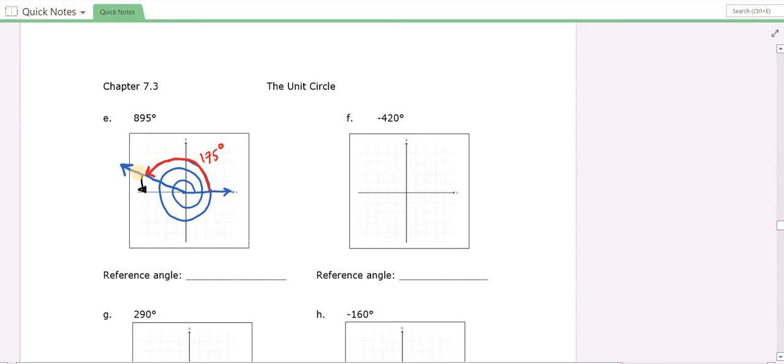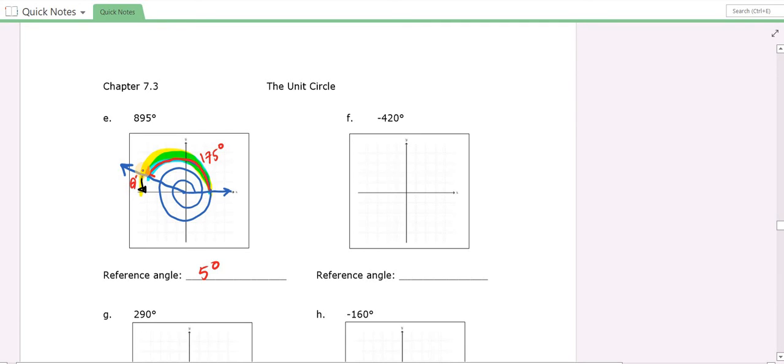So the reference angle is 180 degrees, this entire one, minus the 175 degrees. That is going to give me 5 degrees as a reference angle. So my reference angle is actually 5 degrees. Let me say this is theta, and that's theta prime, which is the reference angle.